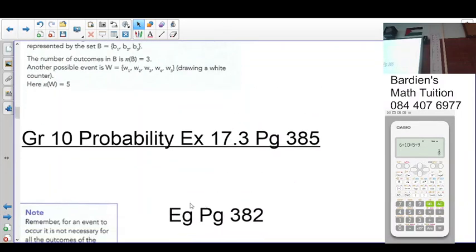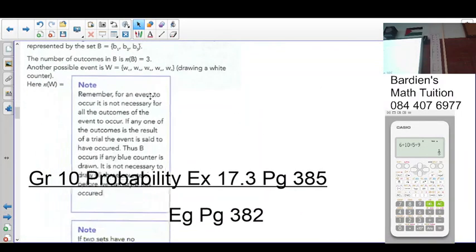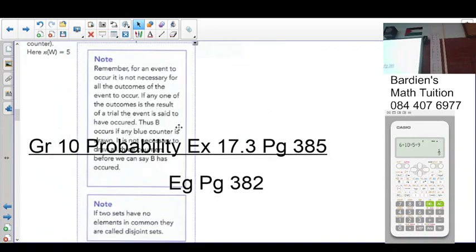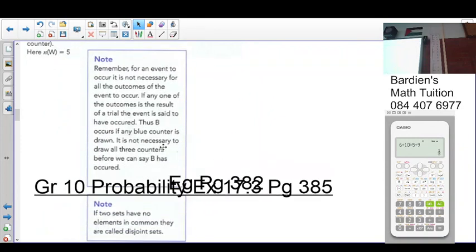Okay. Note, remember, for an event to occur, it is not necessary for all the outcomes of the event to occur. If any one of the outcomes is a result of a trial, the event is said to have occurred. Thus, B occurs if any blue counter is drawn. It is not necessary to draw all 3 counters before you can say B has occurred.